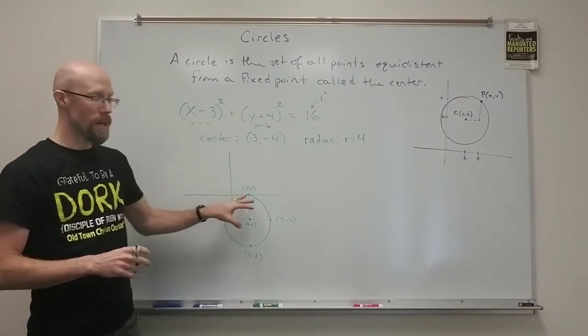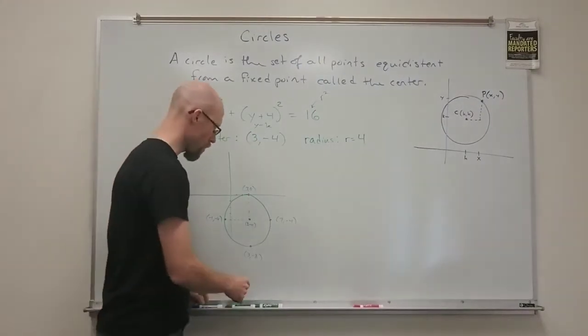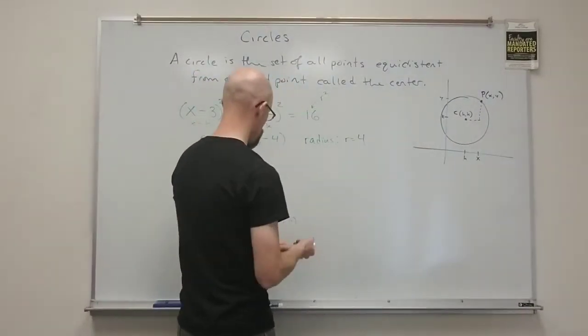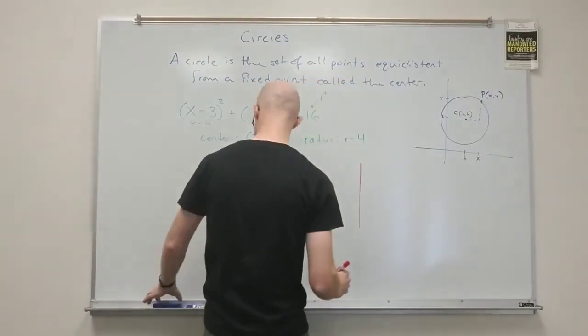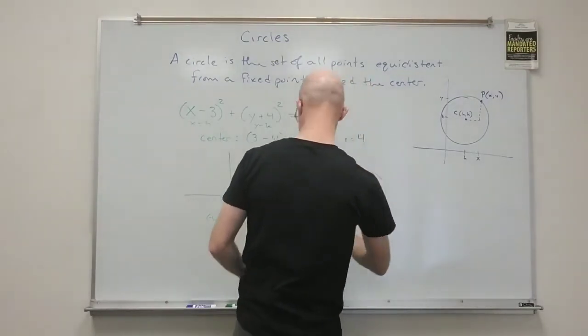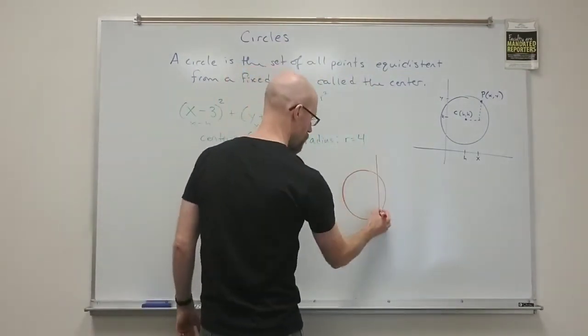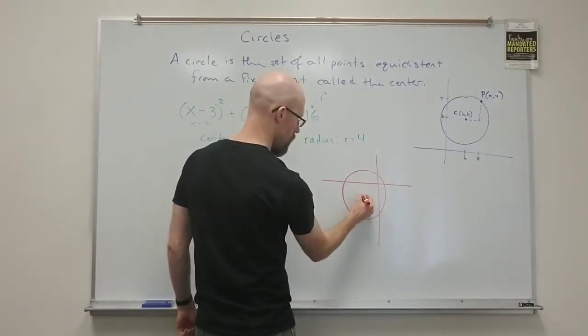And of course, if I knew the graph, I could come up with the equation of the circle pretty quickly as well. So if I had a graph, let's say, oops, let's draw the circle first. And let's put that circle maybe down here.